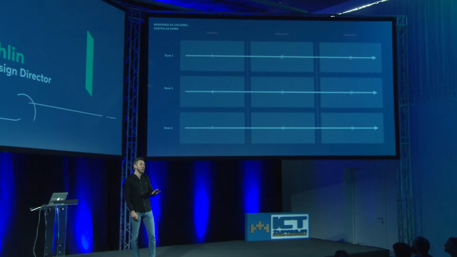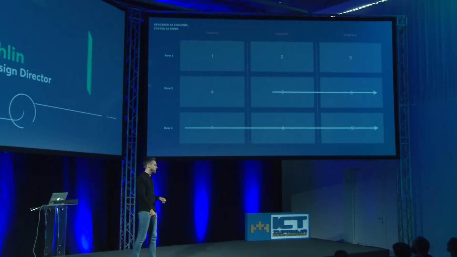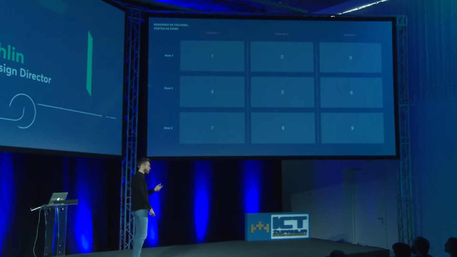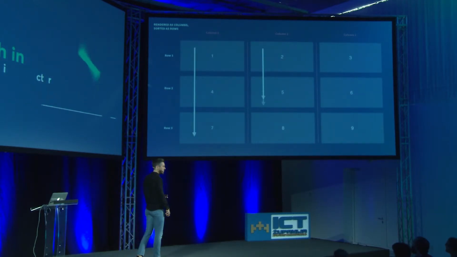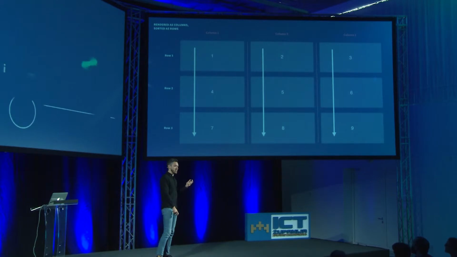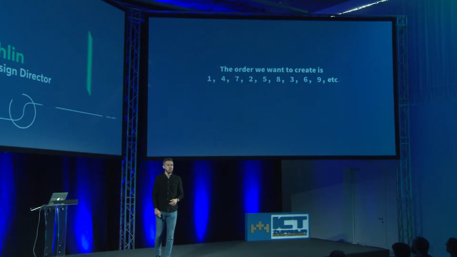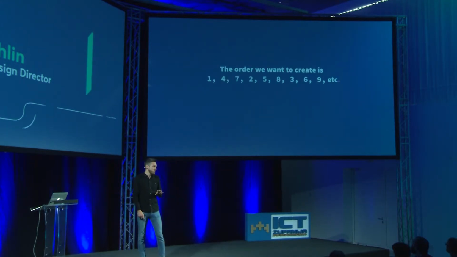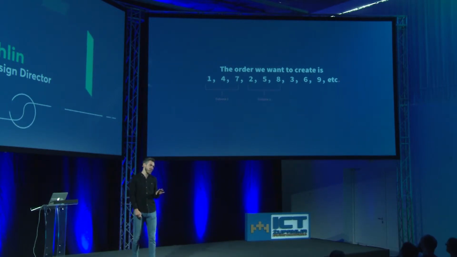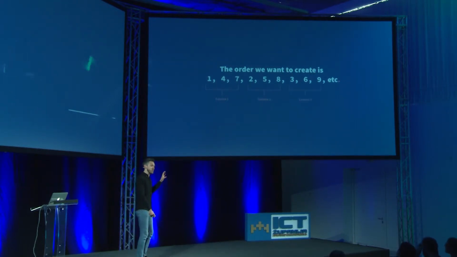Then we just look at how it's actually sorted. We can see here that it actually sorted per column: 1, 4, 7, 2, 5, 8, 3, 6, 9. In other words, the default order is 1, 2, 3, 4, 5, 6, etc. The order we want to create is 1, 4, 7 for the first column, 2, 5, 8 for the second, and 3, 6, 9 for the third.